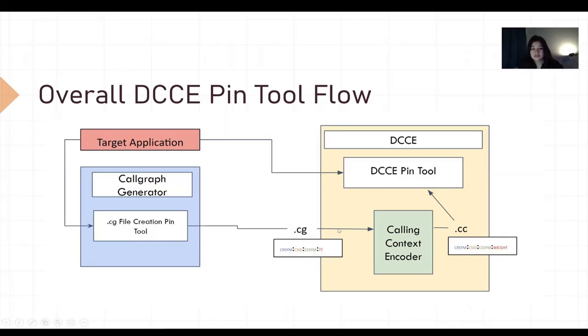The CG file will enter the calling context encoder, which is when we actually get the encoded edge weights for each function call. That is the .cc file that we will parse and use within our DCCE pin tool to monitor the calling context as our target application is executing.